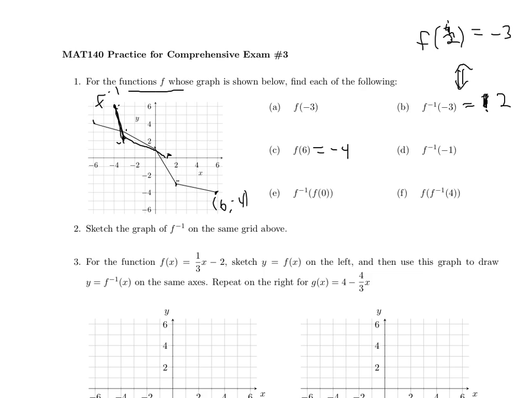Yeah, it's the best I can do. We can just follow the points along the graph and switch their coordinates, then plot those and connect them, and that'll be our graph of f inverse. After you've done that, you can just read these off. This is not hard at all once you've done that, but if your drawing isn't great, like mine, it's not so great.